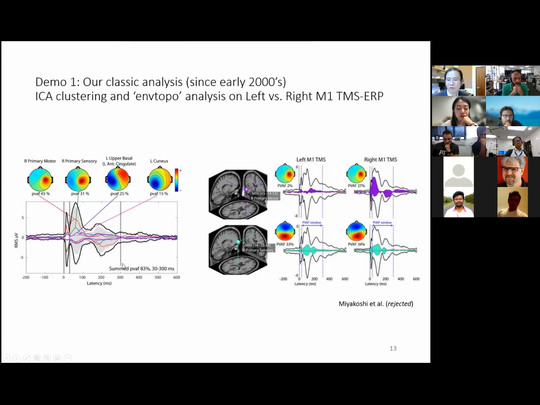So that means during this 30 to 300 millisecond time window, this independent component explains 45% of the power. That's non-trivial, right? That's almost half of the EEG phenomenon in this time window dominated by this one.